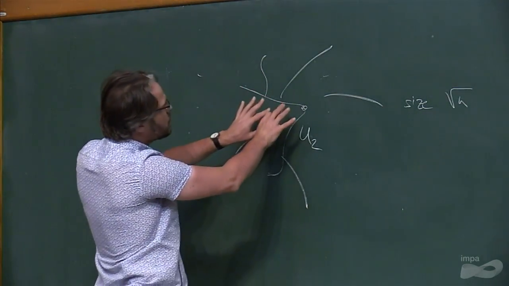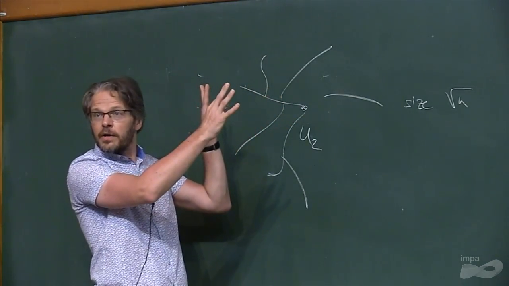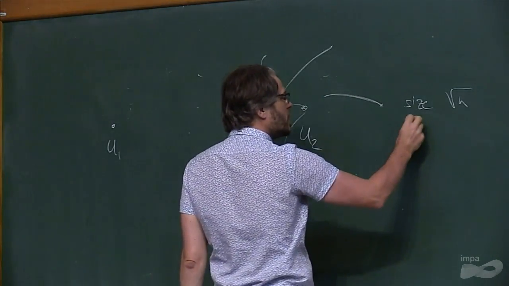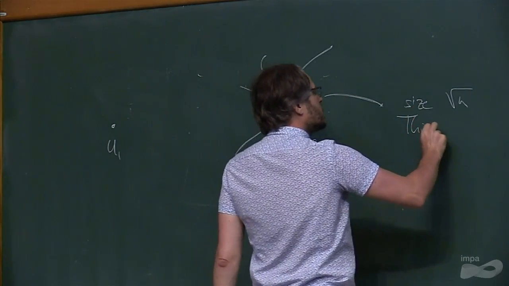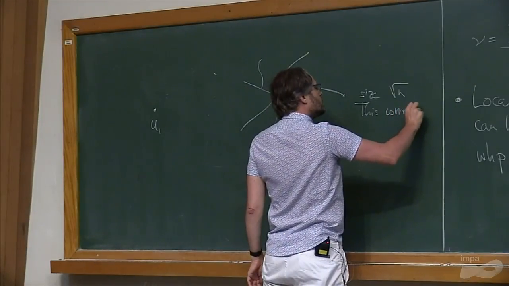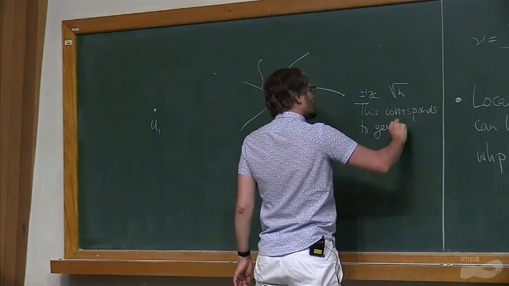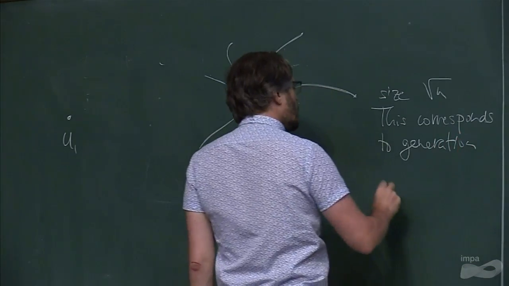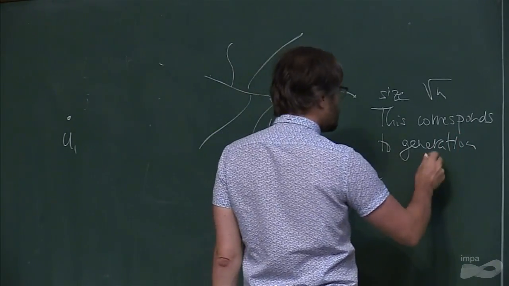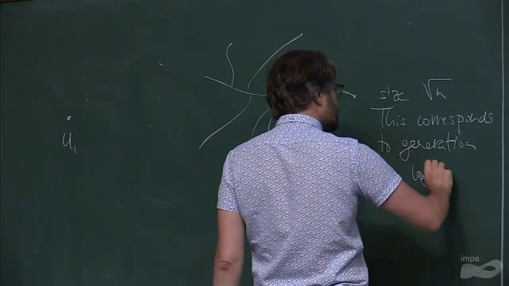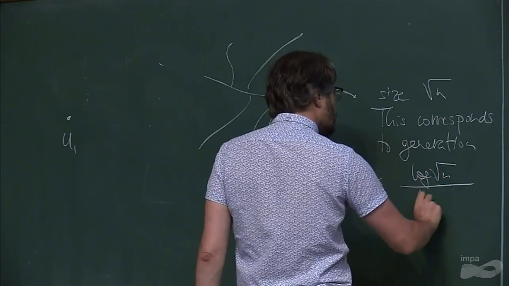Now, if you know that these grow like nu to the power k for a distance k, you also know that this corresponds to a generation which is roughly the log of this divided by the log of nu.